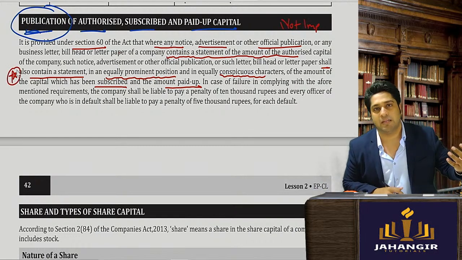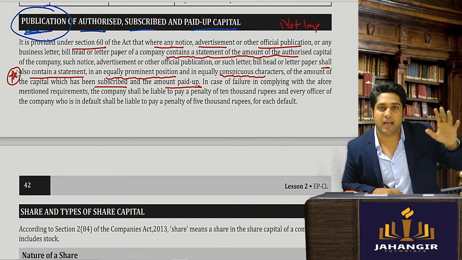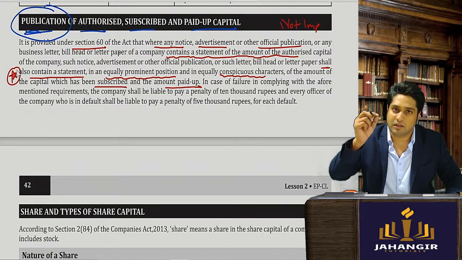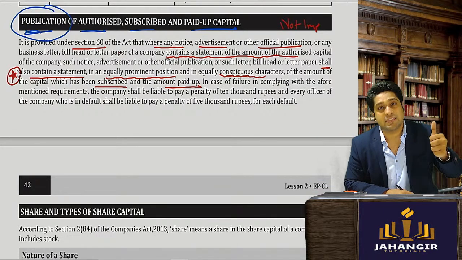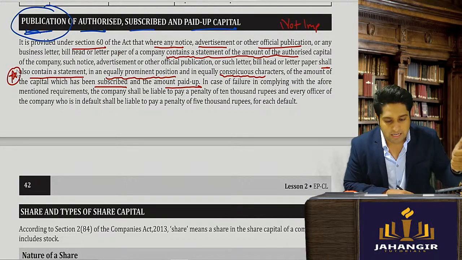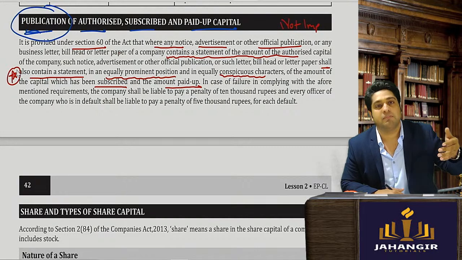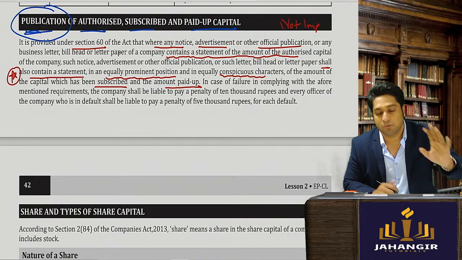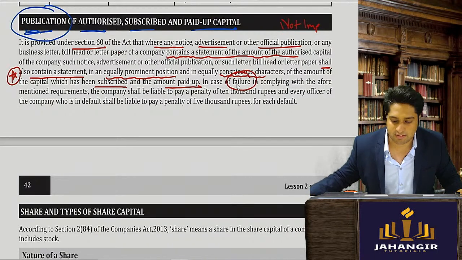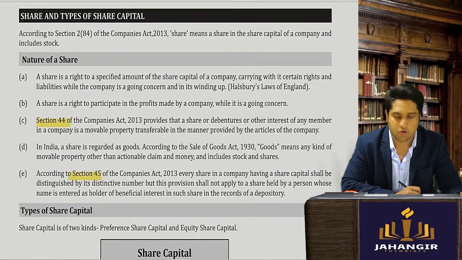Whenever a company advertises, issues or publicizes any document which contains the authorized capital, it should also include in the same prominent position and equally conspicuous characters the paid up capital and the subscribed capital also. Very simple. And if they don't do so, they will be held liable for a penalty of 5,000 rupees for each such default. Very, very simple.